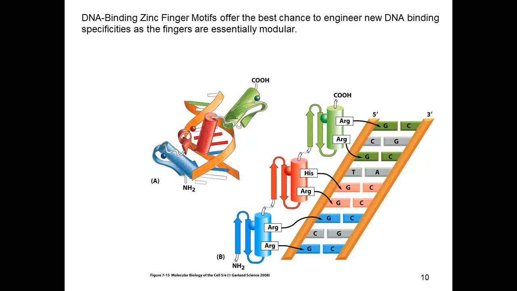Another class of proteins that bind DNA specifically are called zinc fingers. Here you see a picture of a zinc finger with 3 fingers, if you will, 3 portions of an alpha helix binding in the major groove over about 180 degrees or more, actually, in the major groove of a DNA. Here you see a schematic.